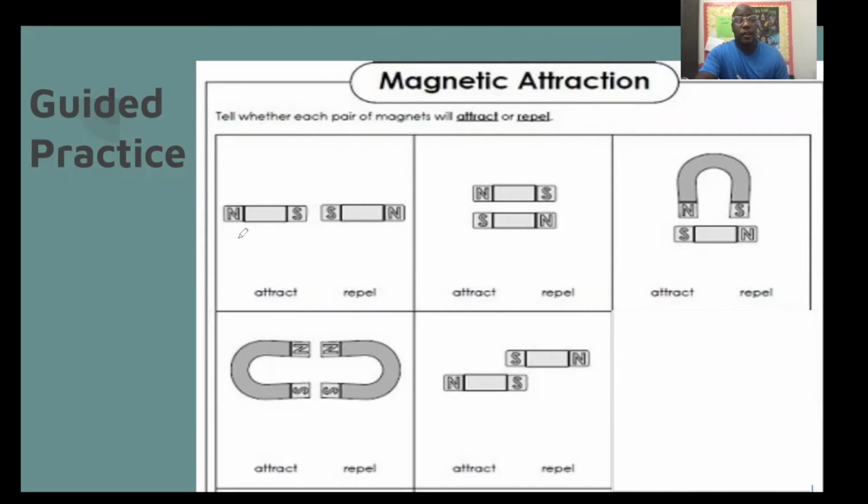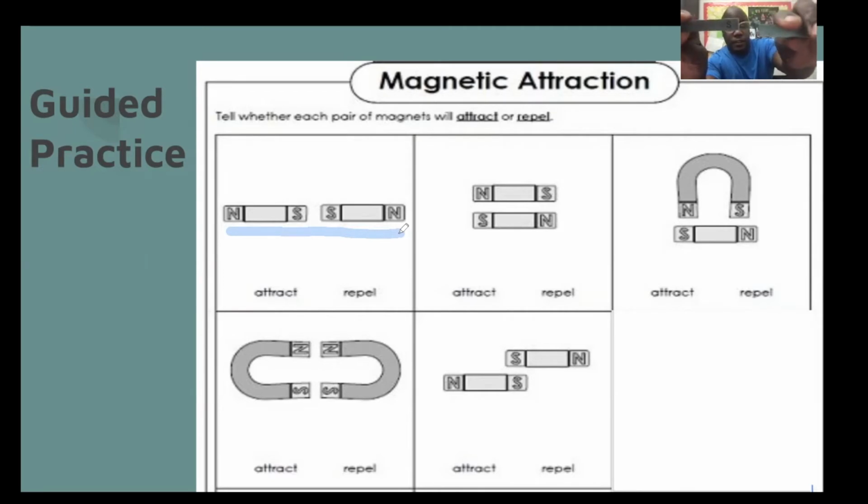This first question is asking us if we put south and south together, so you can see south is here and south is here, if we put them together, what are they going to do? What do you think they're going to do? Let's see. We have one student saying they're going to repel.